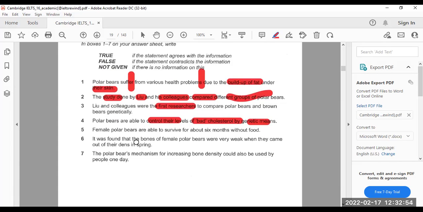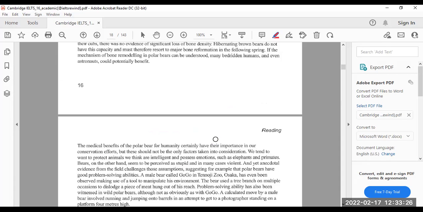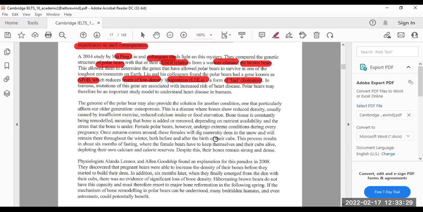And next question is, female polar bears are able to survive for about 6 months without food. Again, you could divide the statement into 3 parts, or you could transfer it into question form, like, will the polar bear be able to survive for about 6 months? So with this, I go to the passage.